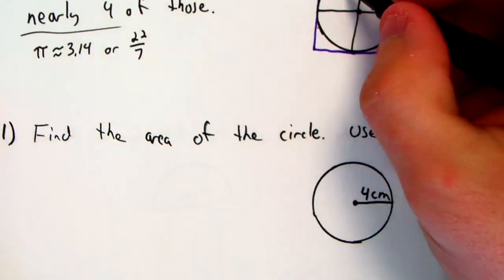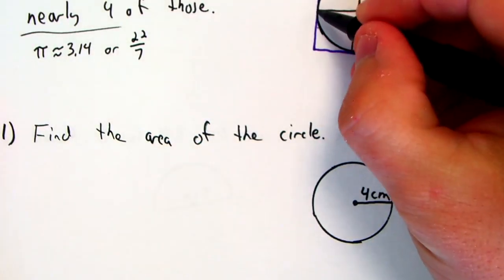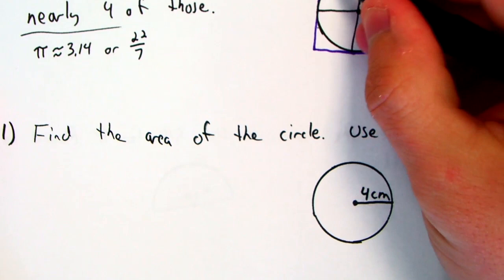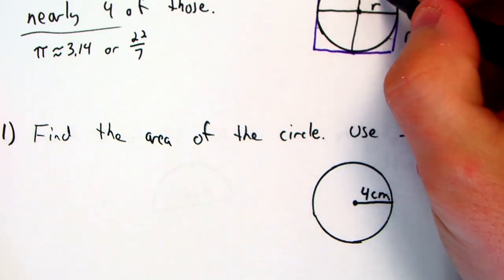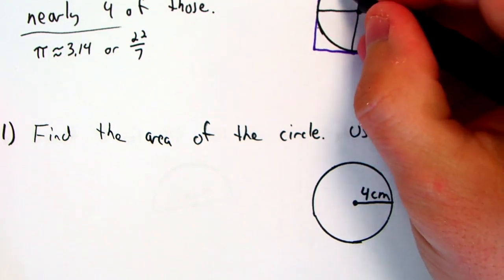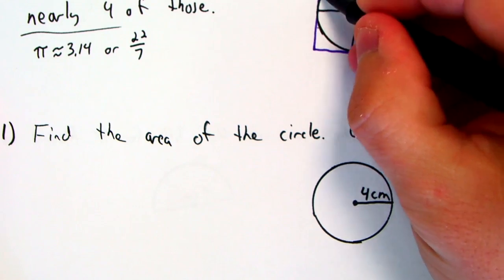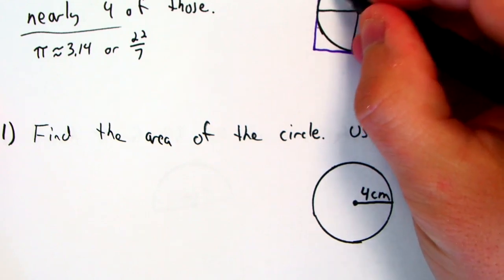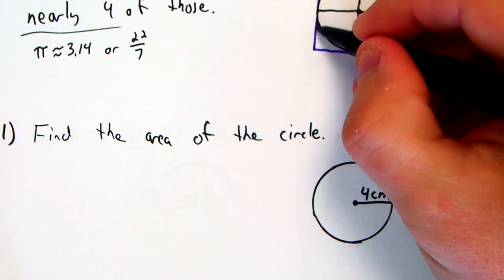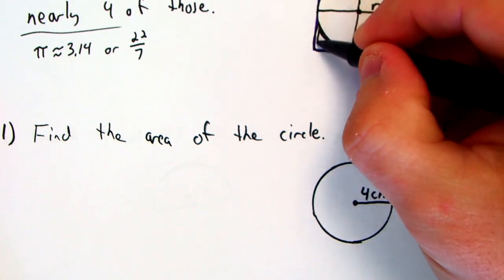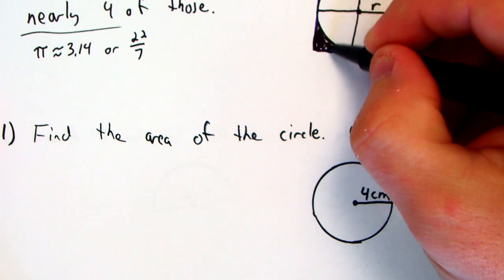Which should make sense, because even though this entire square here is r squared, and I have 4 of them here, we're taking off, it almost looks like a third or maybe a quarter of each one of these squares.